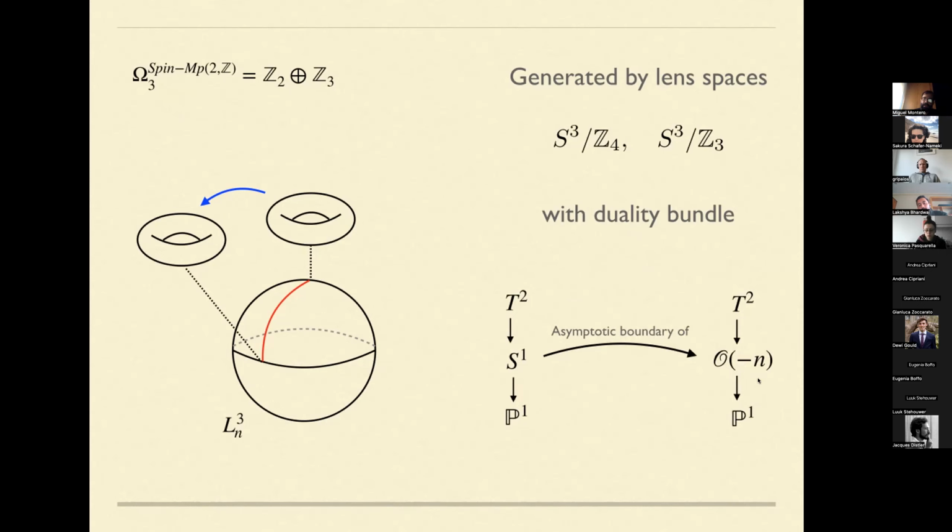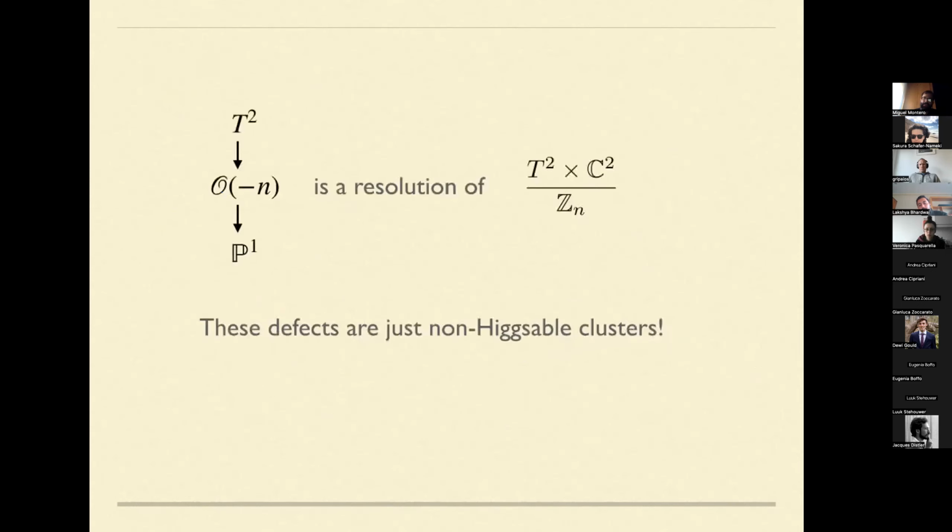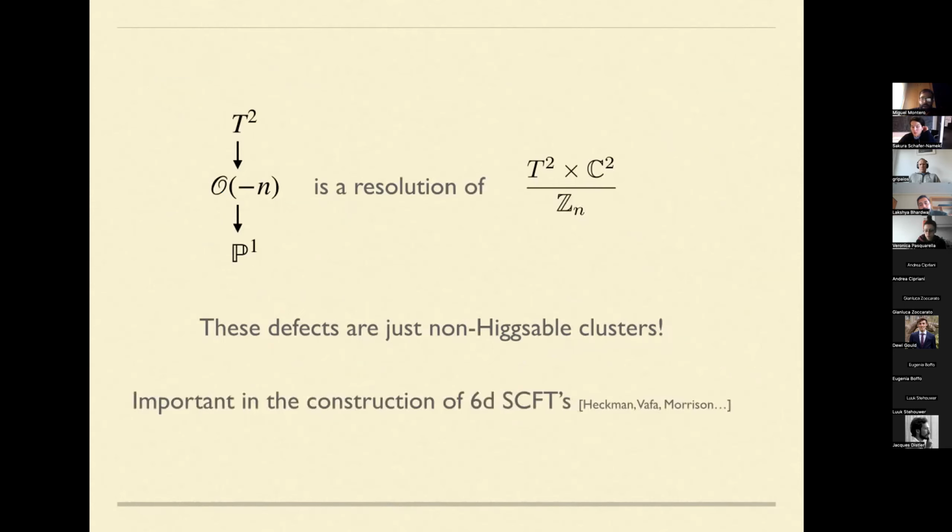And this space itself is one presentation of what are called in the F-theory literature non-Higgsable clusters. These are particular singularities that are particularly nice because they are what appears in F-theory configurations once you've Higgsed as much as you can. So they're important objects, for instance, in the construction of 6D CFTs. So omega 3 predicts the non-Higgsable clusters.